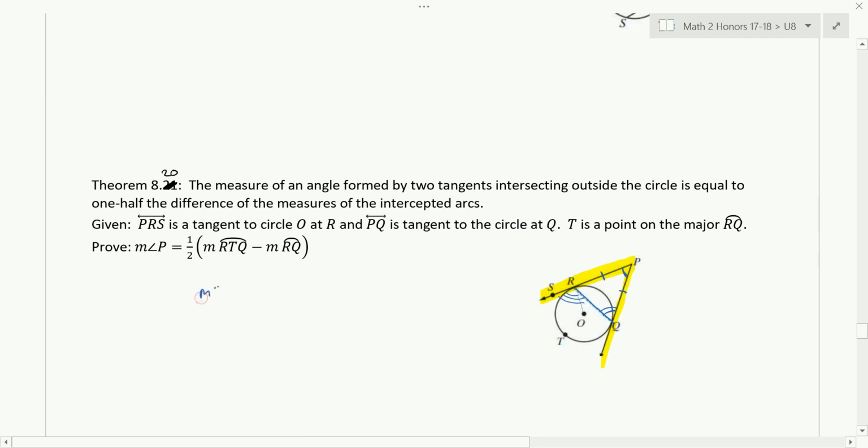So measure of angle P plus the measure of angle PQR is equal to the measure of angle QRS. And if I solve for measure of angle P, I could subtract measure of angle PQR from both sides. And then what can we change the measure of angle QRS to?